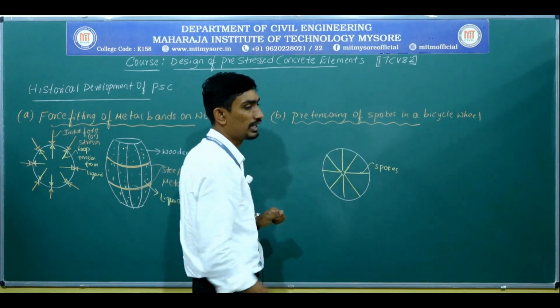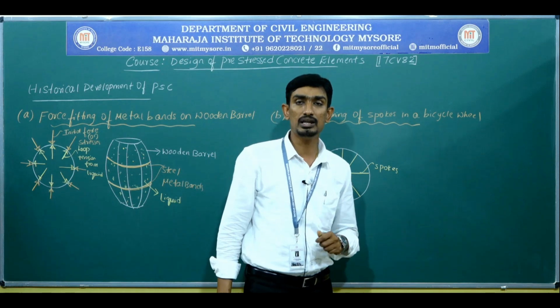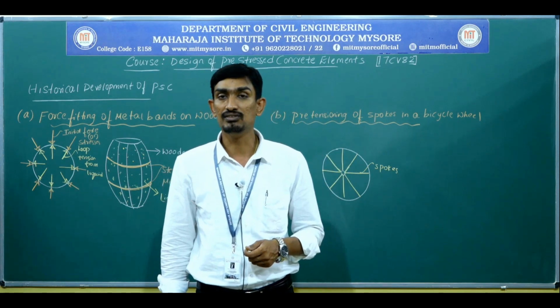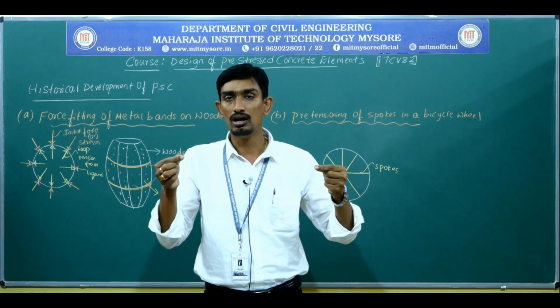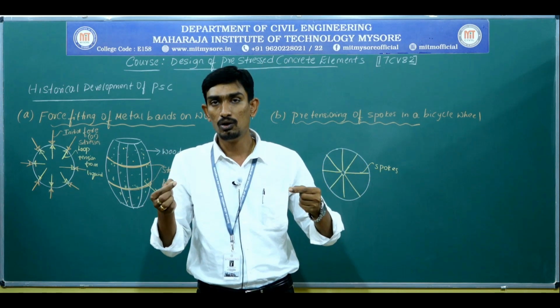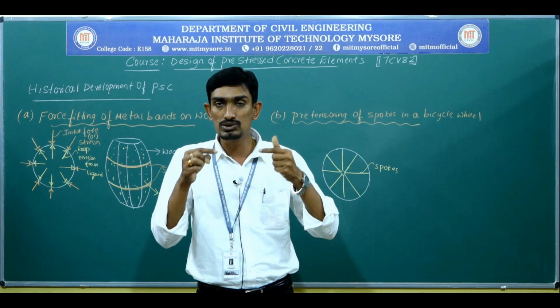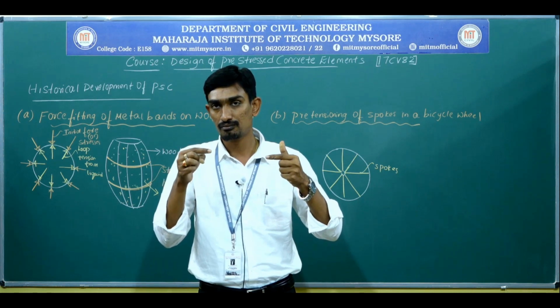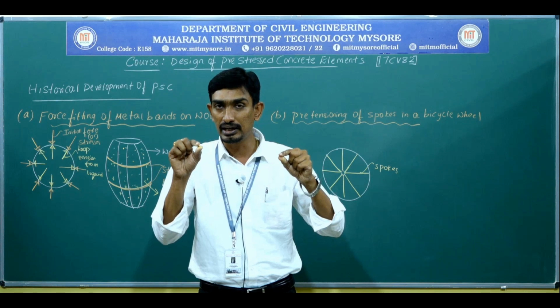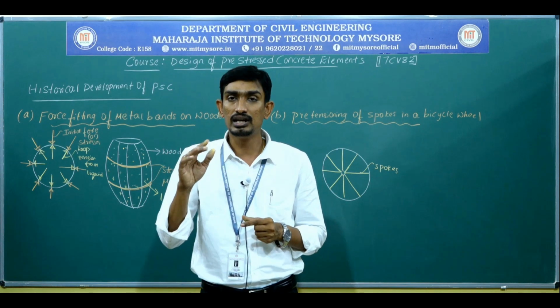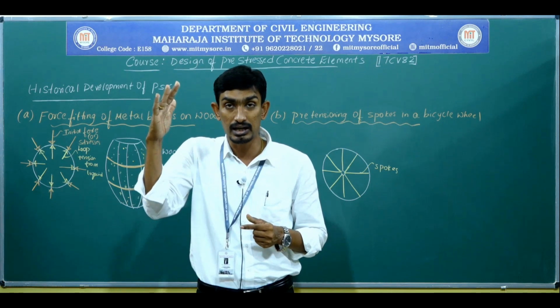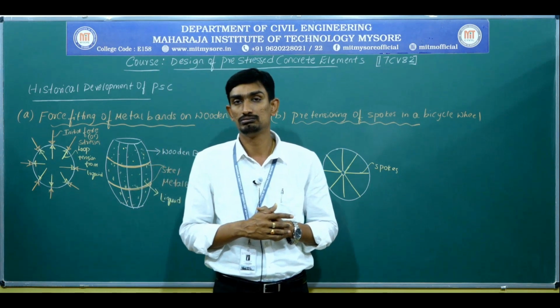This is one more concept that evolved in the mind of a civil engineer. By stretching and tightening, or anchoring it, it will induce a pre-tension, and that pre-tension will try to resist the stresses resulting from the external force.